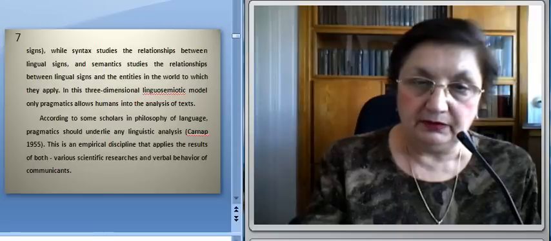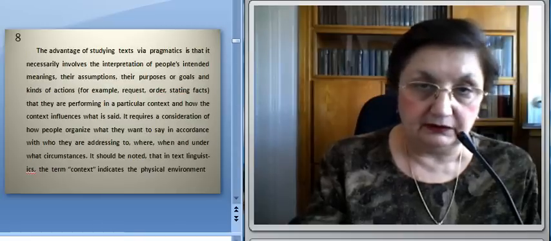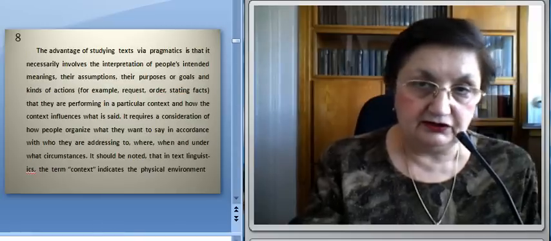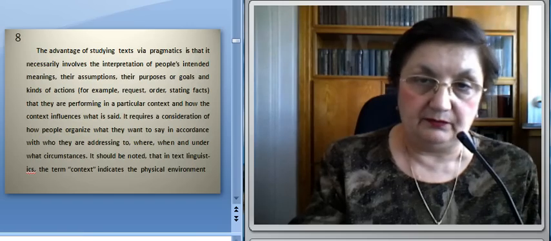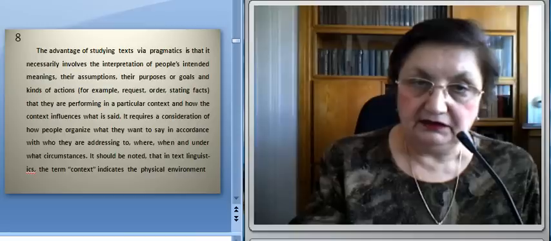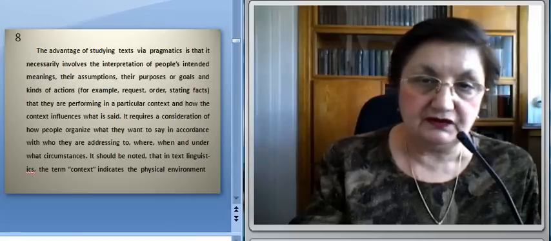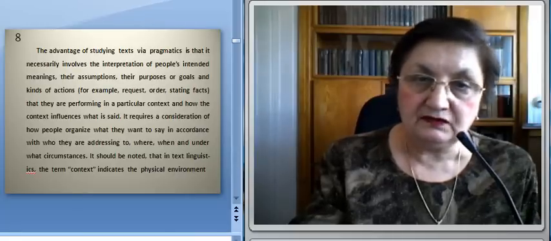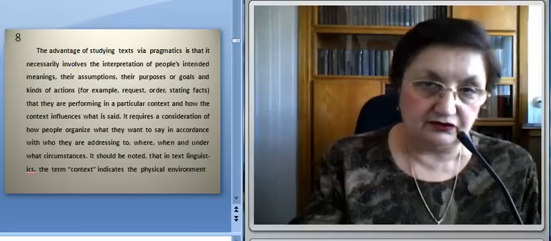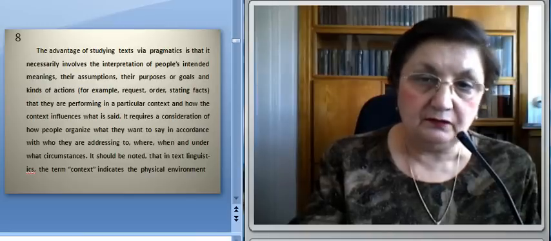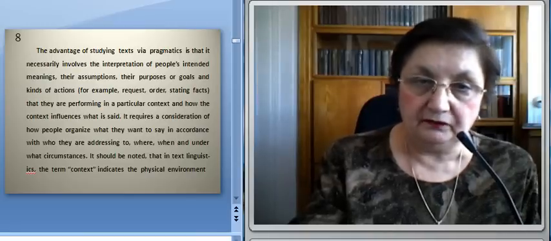The advantage of studying text via pragmatics is that it necessarily involves the interpretation of people's intended meanings, their assumptions, their purposes or goals, and kinds of actions, for example, such as request, order, stating facts, that they're performing in a particular context, and how the context influences what is said.